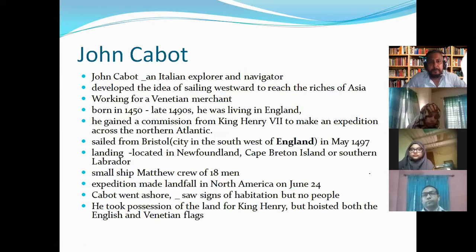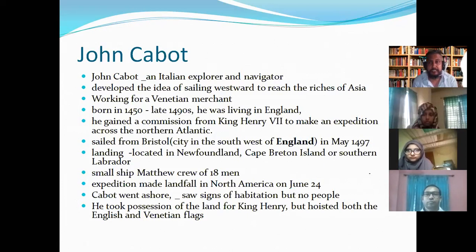And this John Cabot developed an idea actually before the invention of the plane. The people, especially seafarers, are navigators. They are sailors, and they are also called explorers.